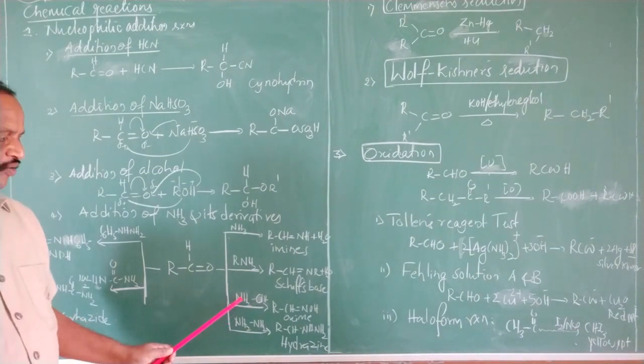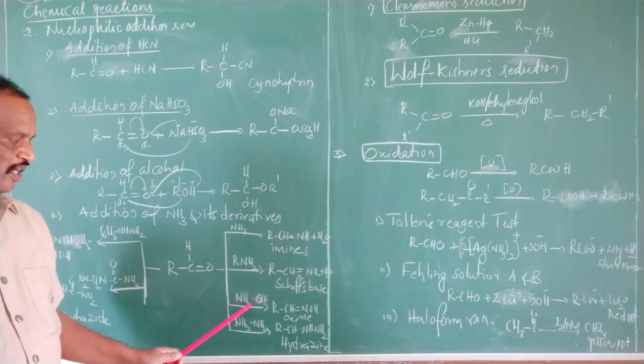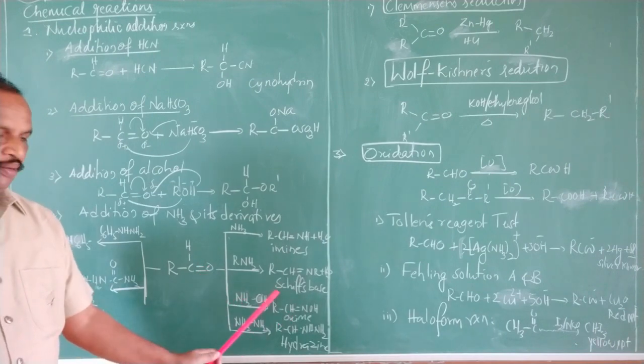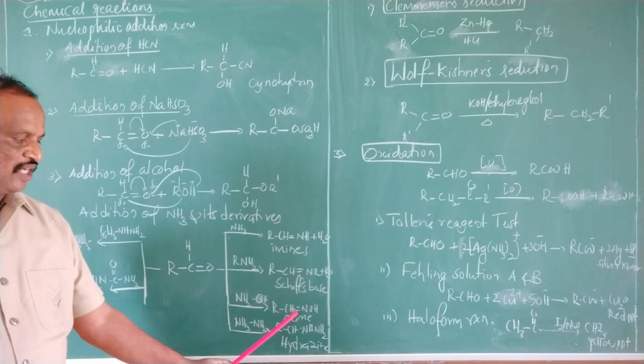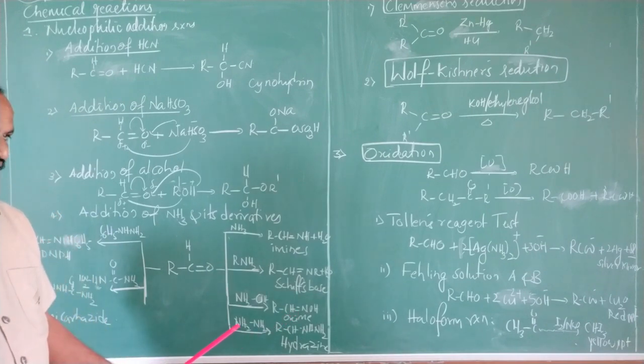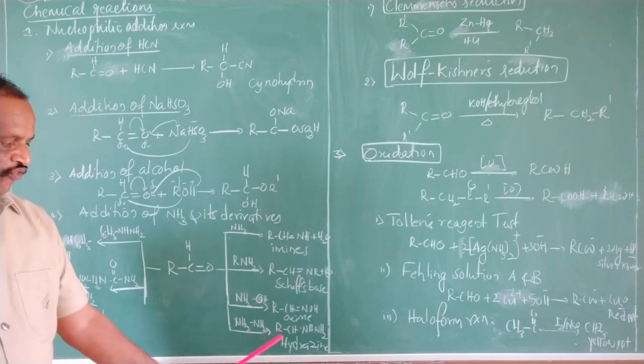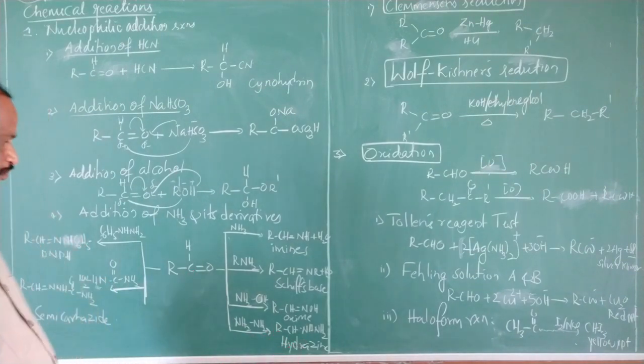Similarly, when treated with hydroxylamine, NH2OH, two hydrogens and oxygen eliminate as a molecule of water and form an oxime. Hydrazine, NH2NH2, when it reacts with aldehydes or ketones forms hydrazones.